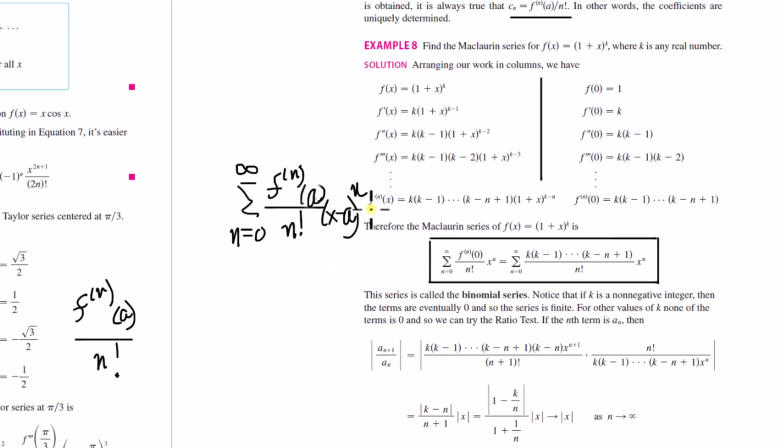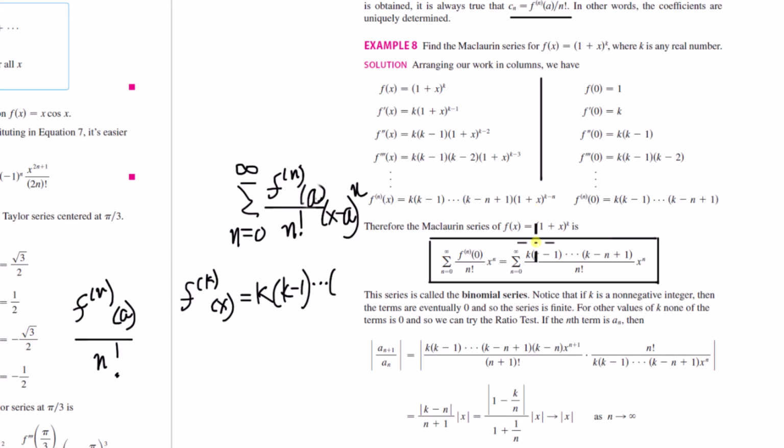So, okay, f of the kth derivative, let's see. f of k of x is k times k minus 1, and then you've got k minus k, that's 0, so this is just 1, and then you get 1 plus x to the 0, which is also just 1.